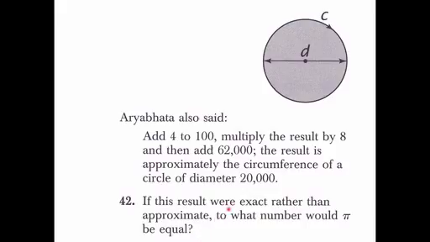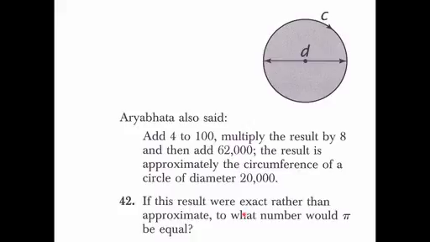Here's something else he said. If you add 4 to 100, multiply the result by 8, and then add 62,000, the result is approximately the circumference of a circle of diameter 20,000. Oh my. You should pause and see what you can do with that.